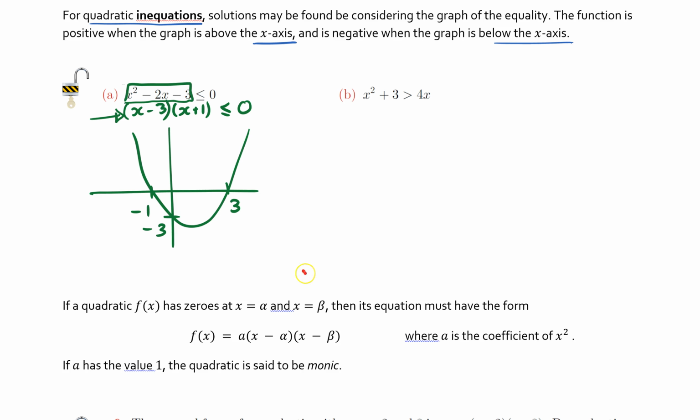And of course that's on this part of the curve down here. They're the y values which are less than or equal to 0. What are the x values which give us that part of the curve? The x values are the ones between here and here, and including that and that. So our solution to that quadratic inequality is that x has to be between minus 1 and 3.